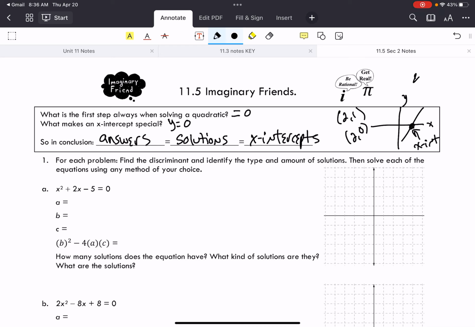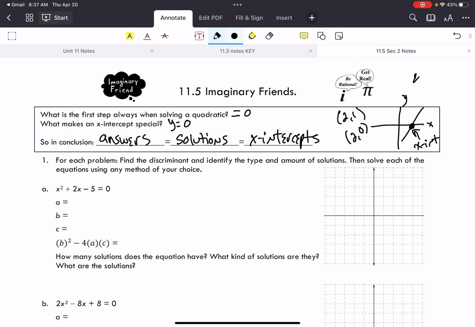We have certain types of quadratics that we know will have imaginary solutions, right? Does anyone remember the definition of imaginary? It's been a while since I've defined it for you. Imaginary numbers are non-graphable numbers, okay?